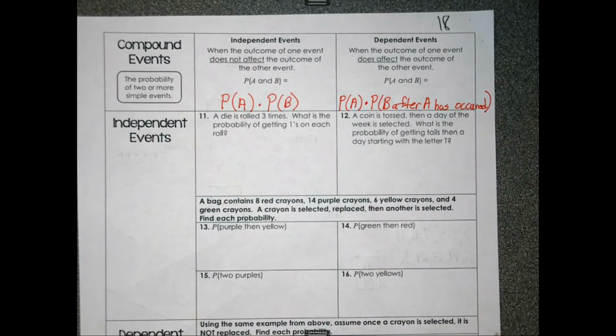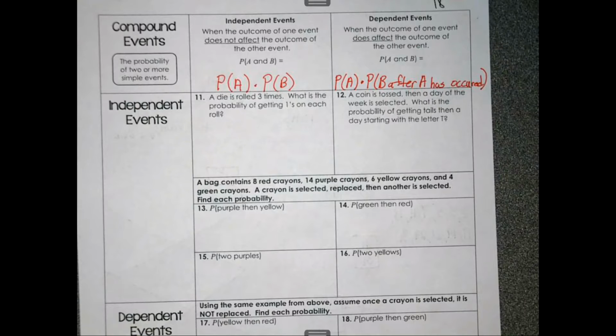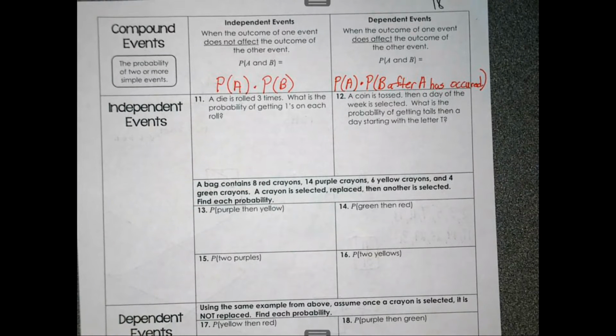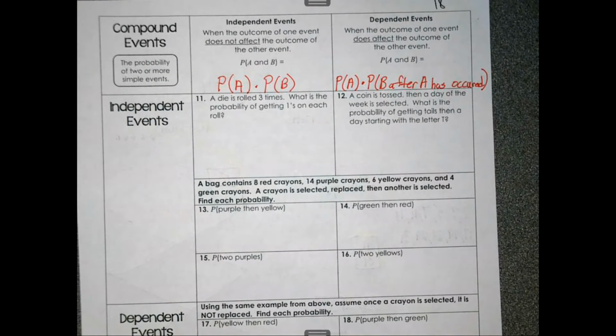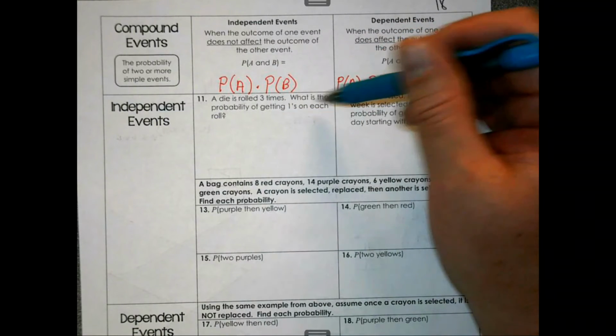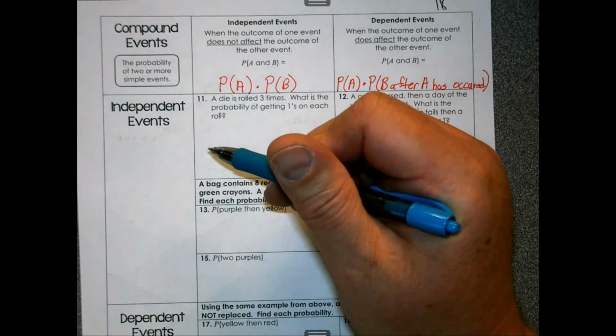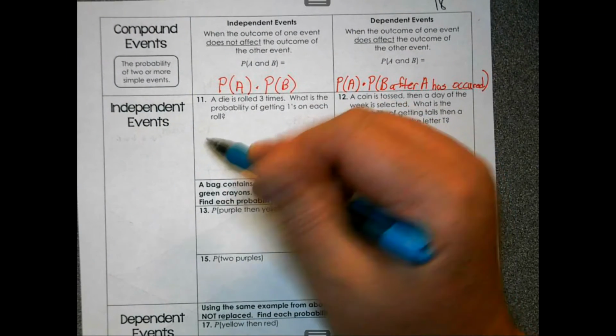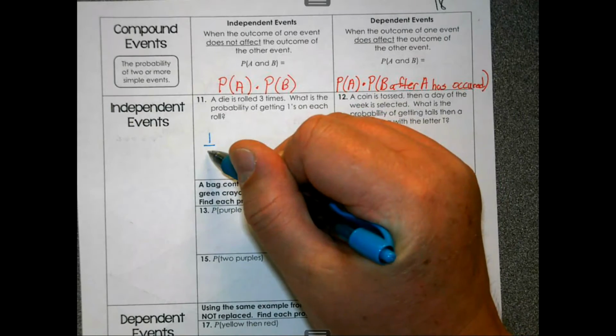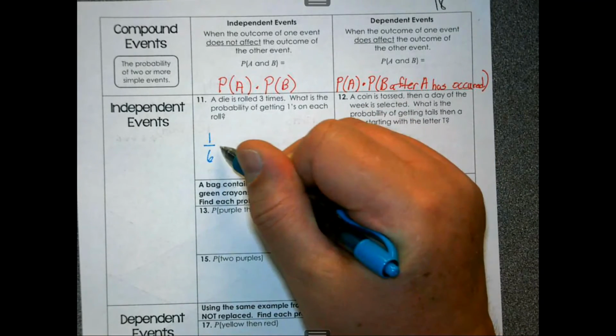So let's do some examples of independent probabilities first. A die is rolled 3 times. What is the probability of getting ones on each roll? One out of how many numbers on a die? 6, right? So my first roll is 1 out of 6.